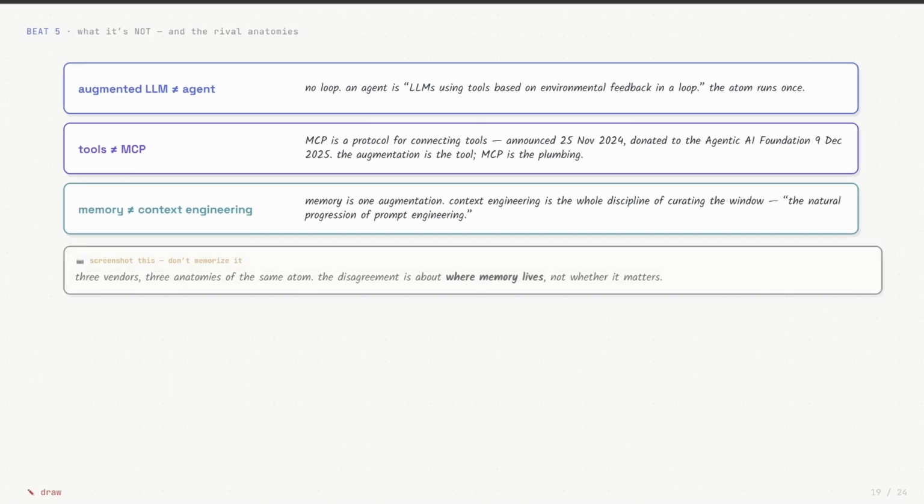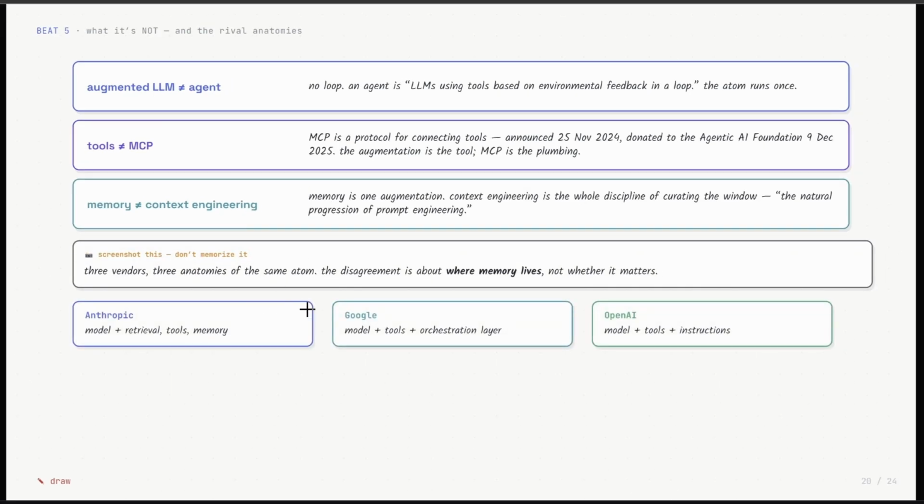We will talk about this even later. Now, we have 3 vendors, and each of them has a different definition of what an agent is. For Anthropic, it's model plus retrieval plus tools and memory. Google, it's model plus tools plus orchestration layer. OpenAI, it's model plus tools plus instructions. They all have basically the models and tools in all of them.